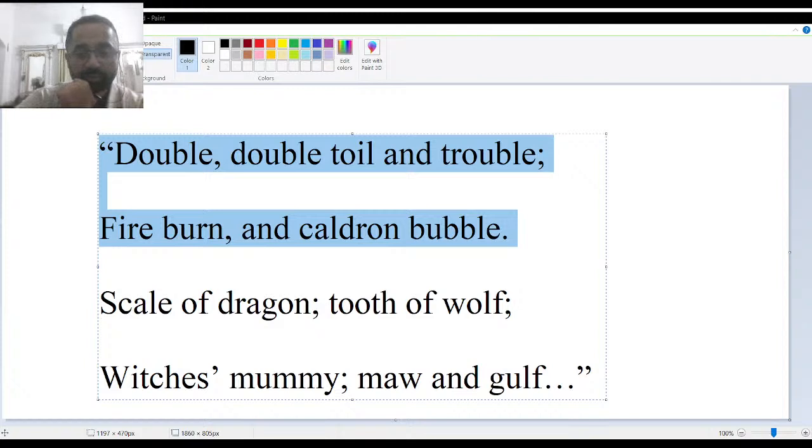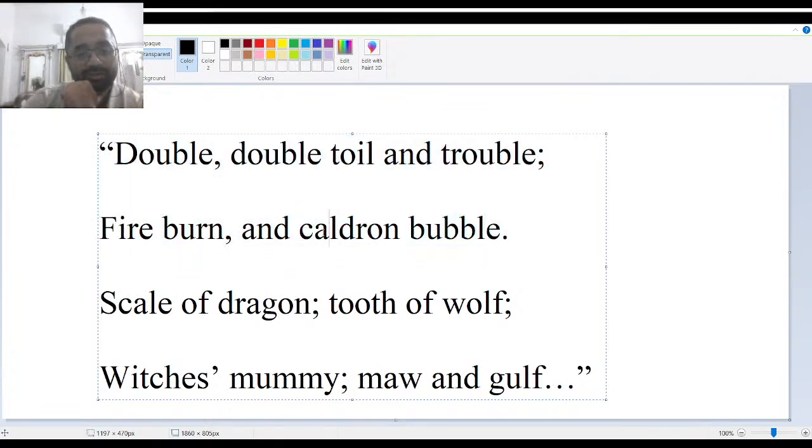Right? This is from Macbeth. One of the witches' speeches. Cauldron is most often spelled cauldron, but the place where I copied it from, the Poetry Foundation, has this spelling, so we'll go with it.